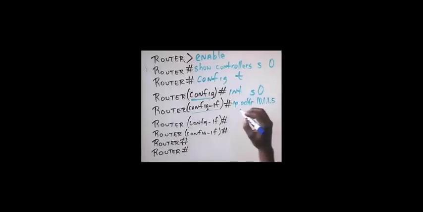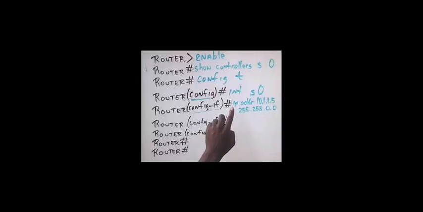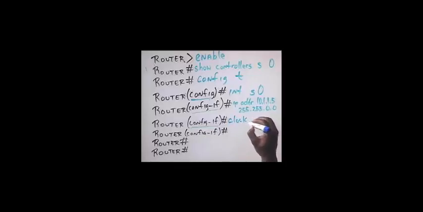10.1.1.5, and we'll, for space purposes, put the subnet mask under the command. But keep in mind, this really is all on the same line. IP address, the address itself, and the subnet mask. You press enter. We're still in interface configuration mode here. At this point, you can issue the command clock rate.